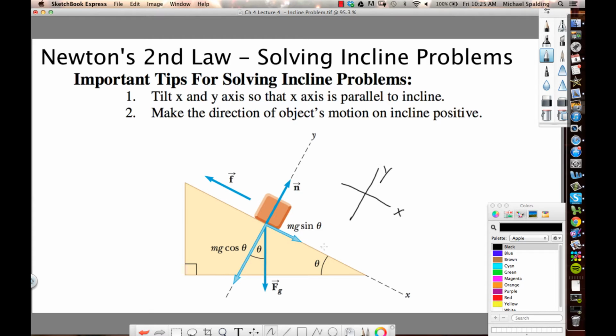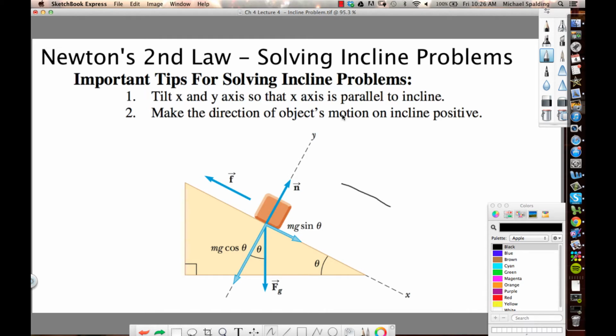The thing that's really nice is your acceleration is now going to be perfectly what? X. So what's the acceleration this way? 0. It's going to simplify your summing of the forces. You guys follow that? Maybe you have to watch the video at home, but that's the reason for what we're doing. We're tilting the XY axis.